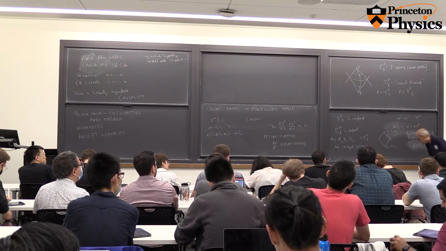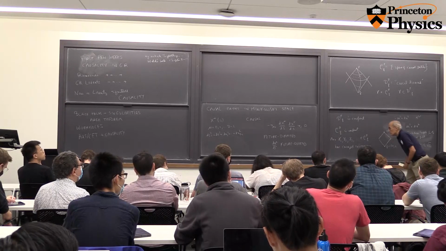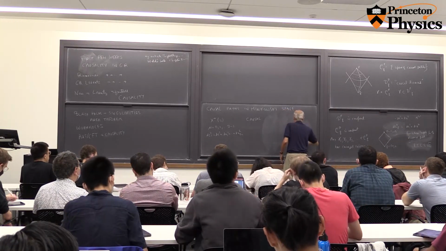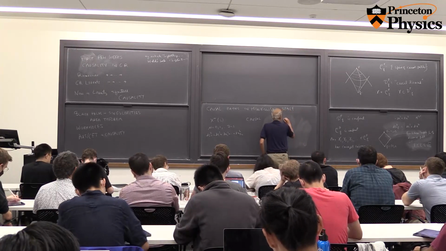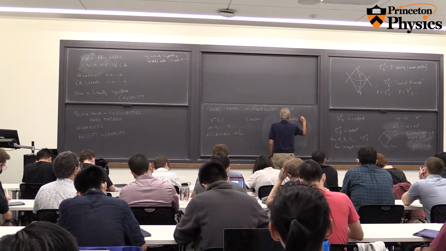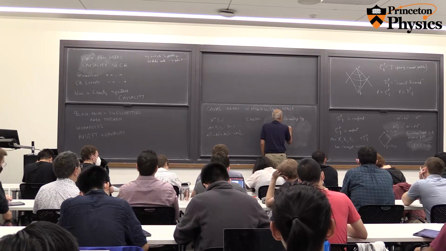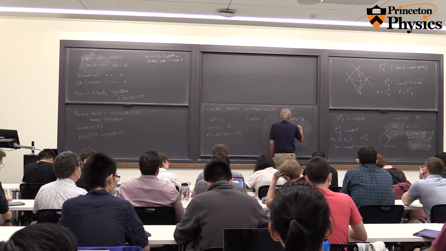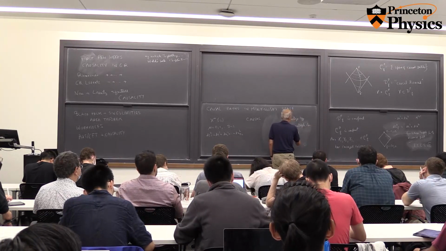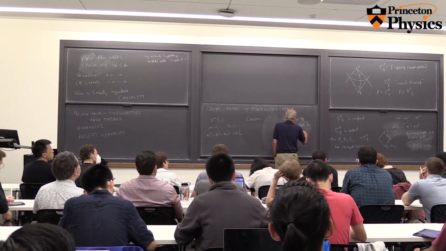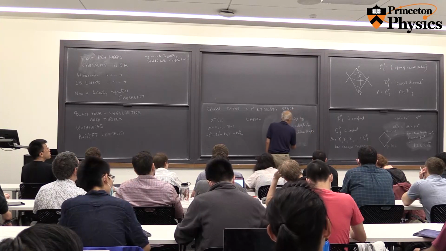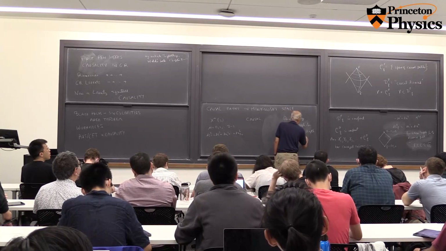And that means that we can parameterize a causal path by a parameter s, which is a multiple of the Euclidean length. And we normalize it to go from 0 to 1.